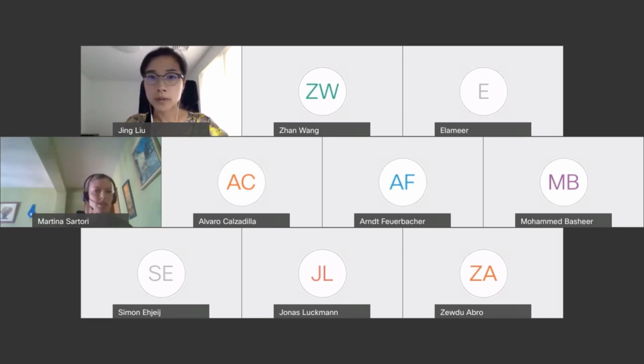How much transition time is there between this session and the next slot? The next track will start at 11 o'clock sharp.